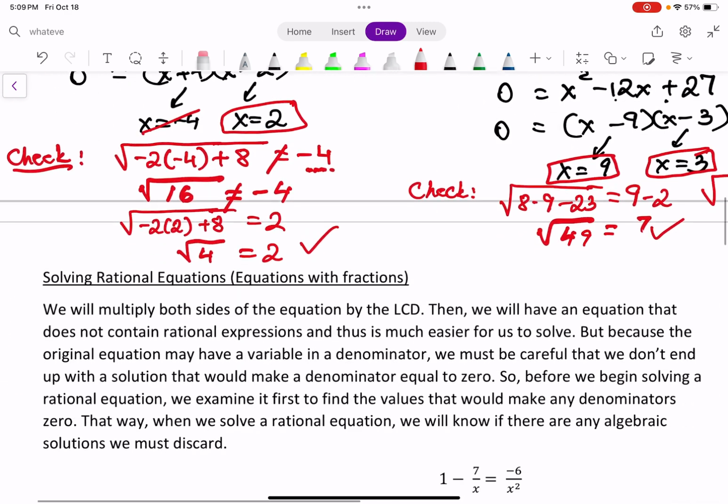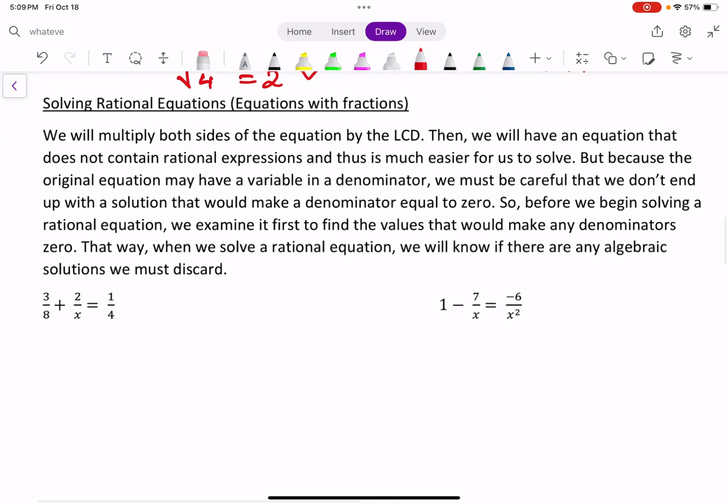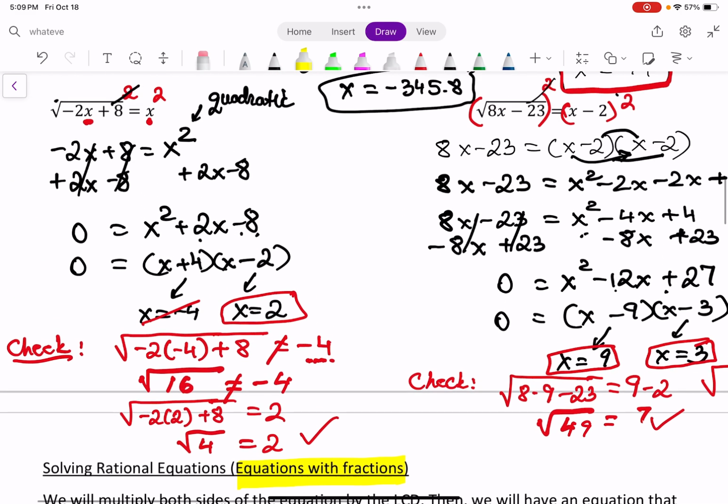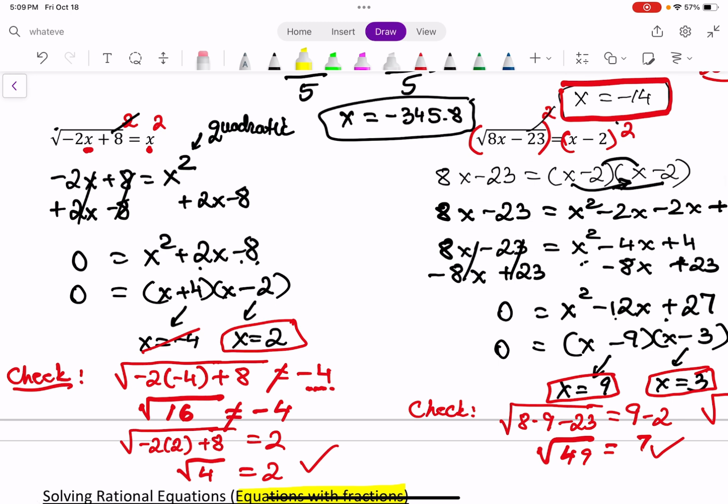Okay, rational equations are equations with fractions. And so we need to find a way to undo those fractions. So as you see here, to undo a square root, we square both sides. To undo an addition, you subtract. To undo a multiplication, you divide.